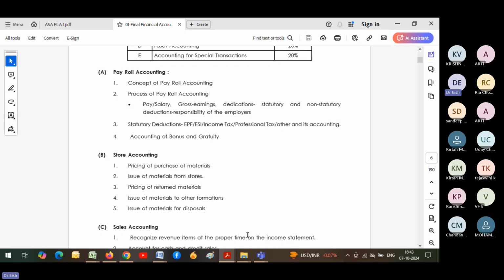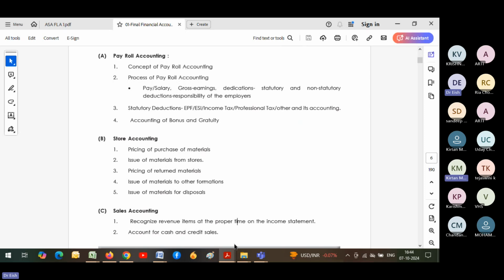So mostly the employer pays the bonus by Diwali, or the BPOs pay the bonus by January, because BPOs follow the January to December calendar, and they are entitled to get the compensation by December end, maximum by January. Okay, I have just broadly described what payroll accounting is, and I will go line by line to you.